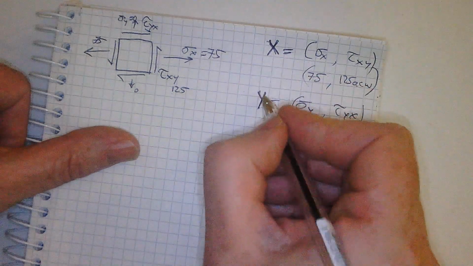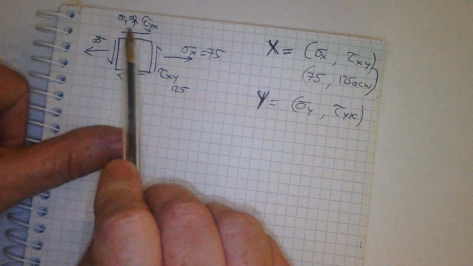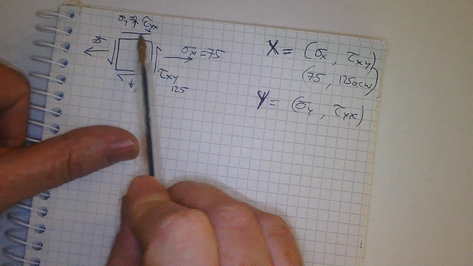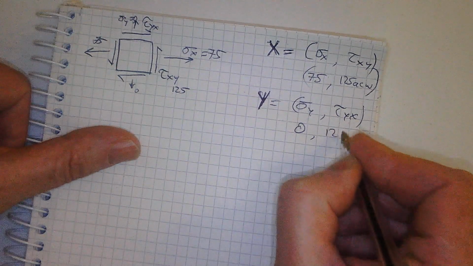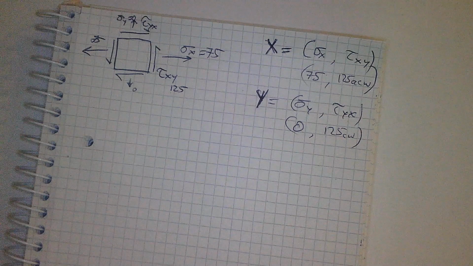This y point then, capital Y here, the coordinates of that point, sigma y is 0 and tau yx is 125 clockwise. 0, 125 clockwise. Okay, so that's the location of my 2 points.